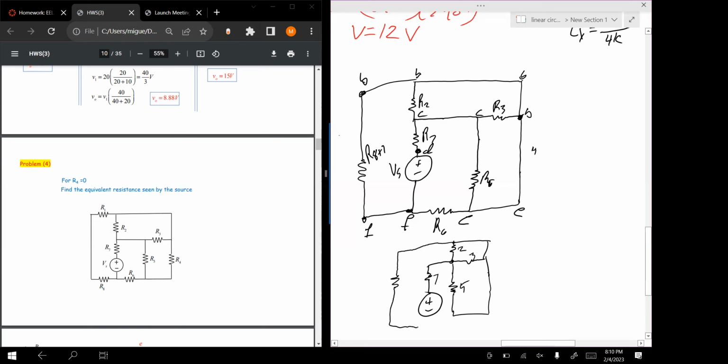And then this is all like that. I don't like how I'm drawing this. R6? Yeah, R6. I'm gonna redraw this. And then this is all gonna go.